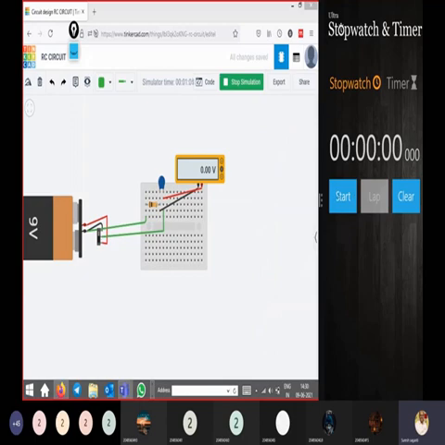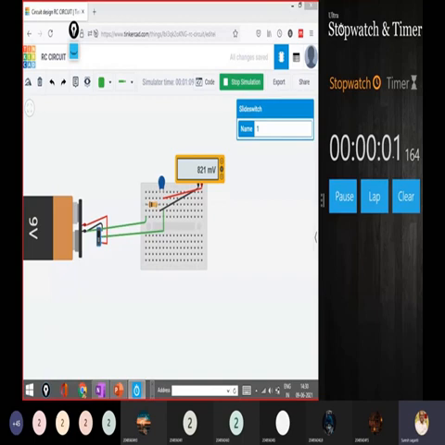Ready? I am starting this. 1, 2 seconds elapsed, 3, 4, 6, 7, 8, 9, 10. 3.54. First reading is 3.54.